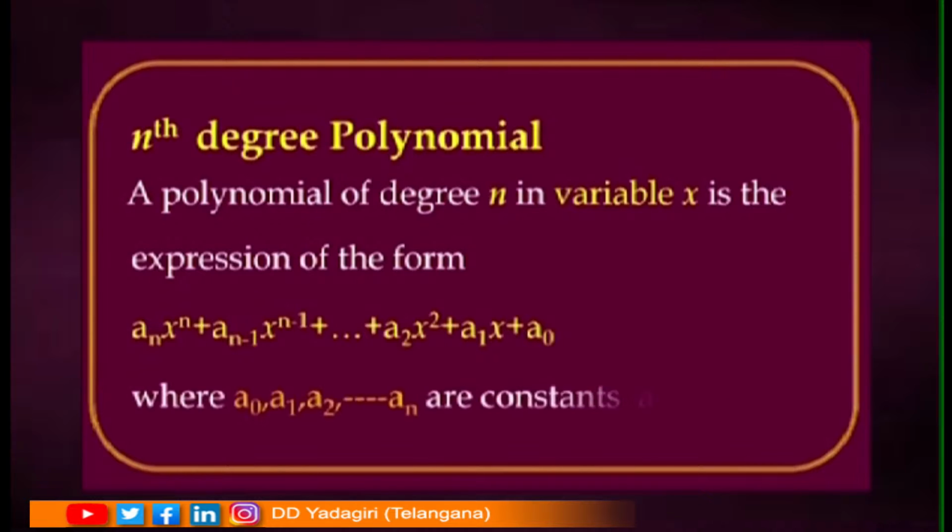These a0, a1, a2, a3 and so on are all constants, and the term an is not equal to 0. If an is equal to 0, then the first term is going to be 0, and you will have the next term as the first term. So you should have an not equal to 0, because you said that the degree is n here.